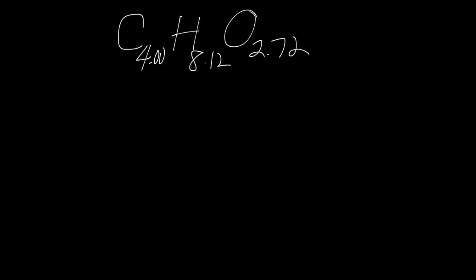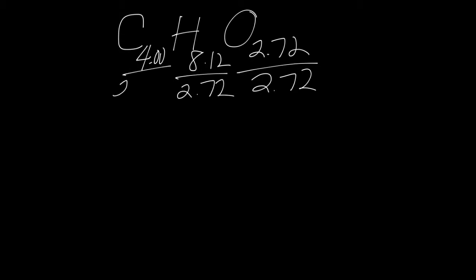Well, these aren't whole numbers, so we're going to have to figure out what to do there. So I'm going to divide by the lowest, which is 2.72. And I'll do the math on these. So that's going to be 1 for the oxygen.